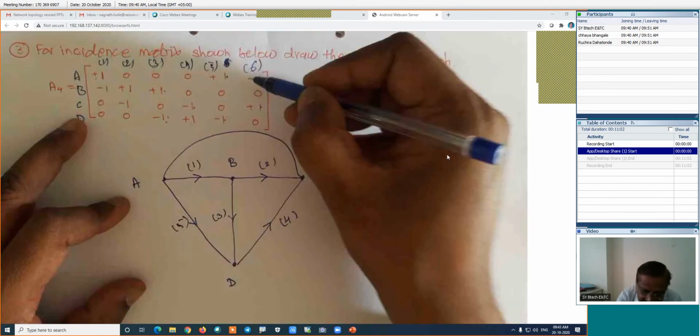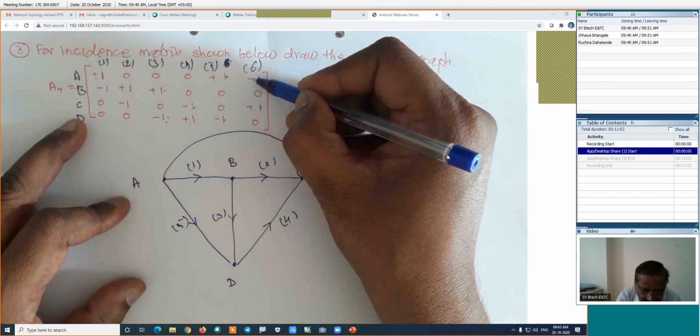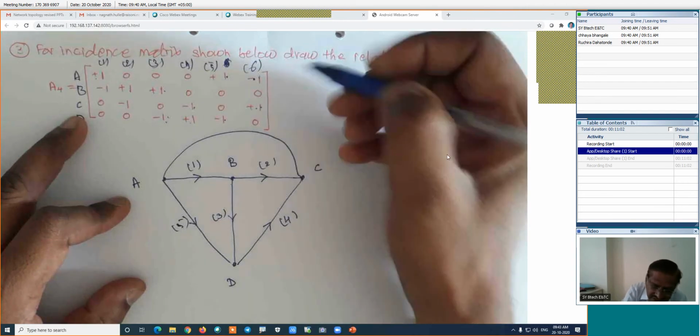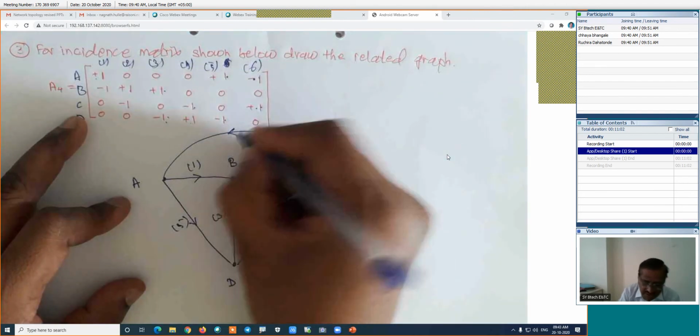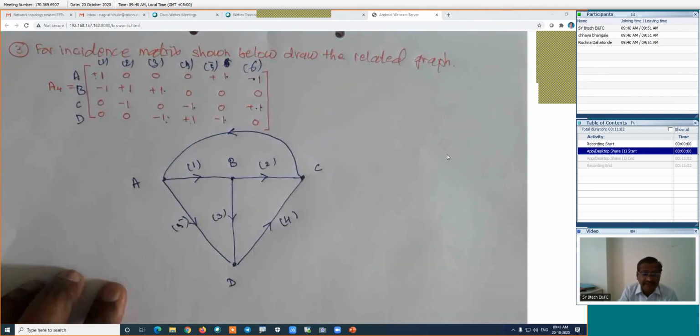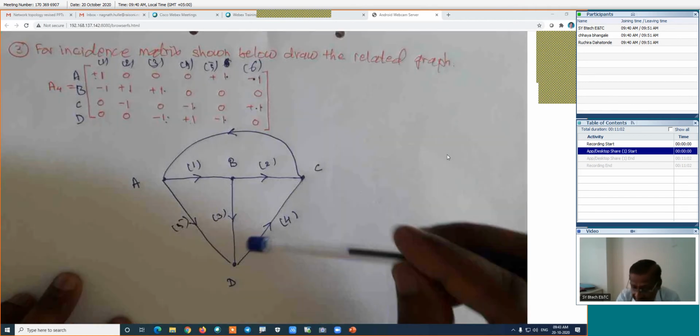It is minus 1 for the node A and plus 1 for the node C. Means it is going from the node C towards the node A. Means this is obtaining the graph from the given incidence matrix.